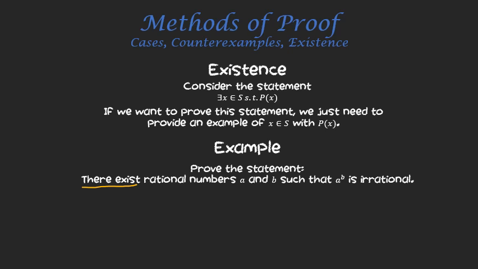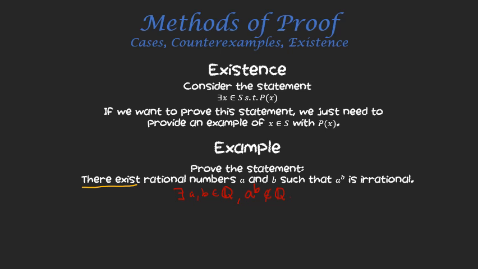And so maybe we could rewrite this using symbols. There exist a and b that are rational such that a to the b is not rational, that it's irrational. And so instead of using that boldface I did in the last example, I'll just say not in the rationals.